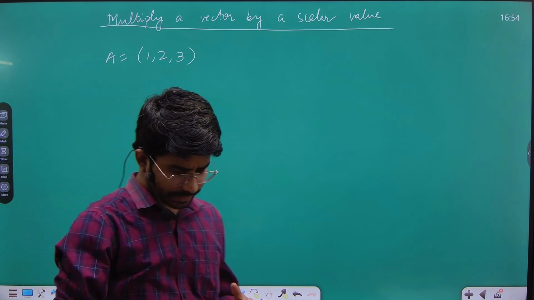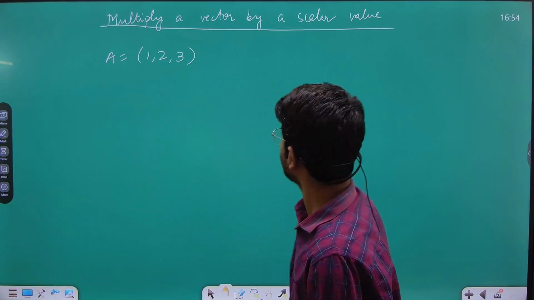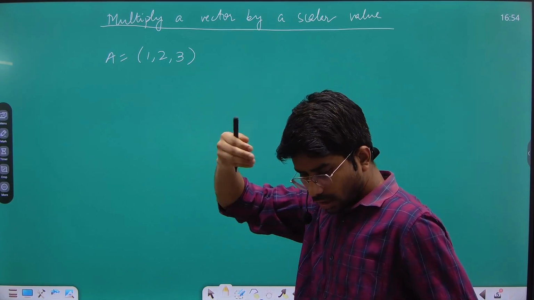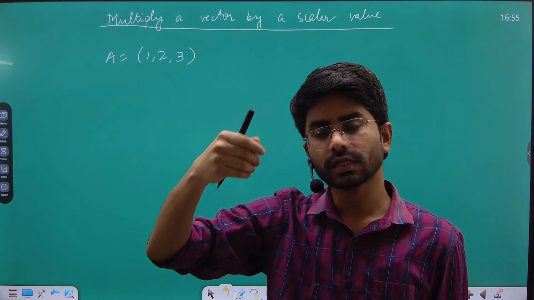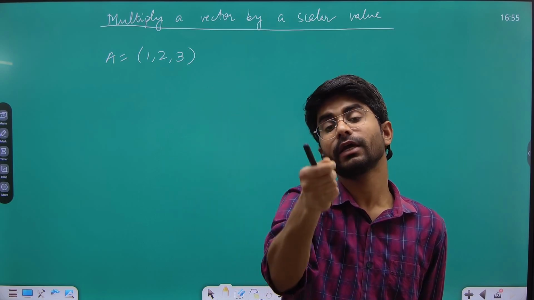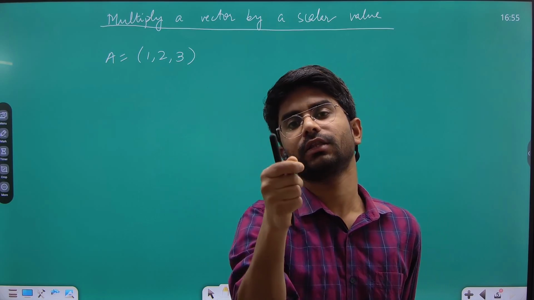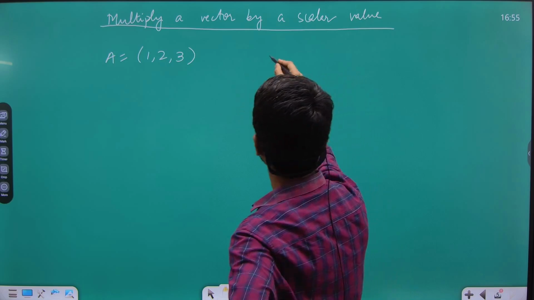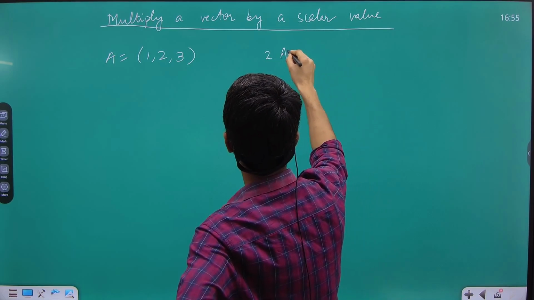So you want to find twice of this vector a. That means you should have the corresponding values of 2a be twice the elements of a. Okay. So what would 2a be?